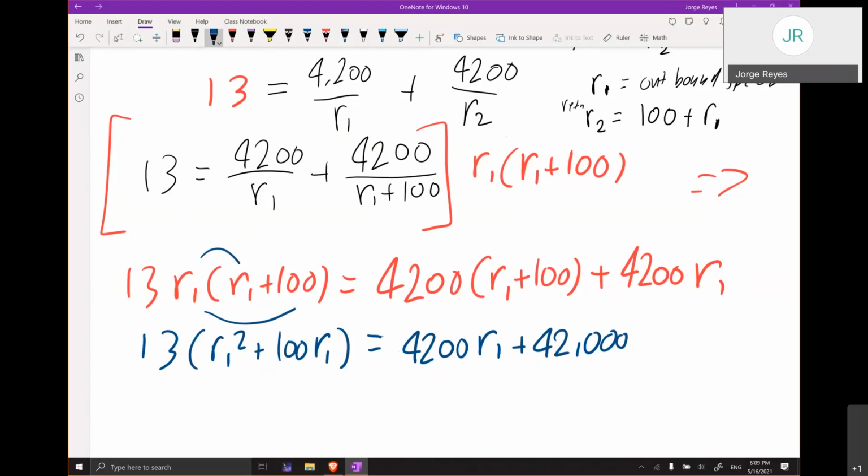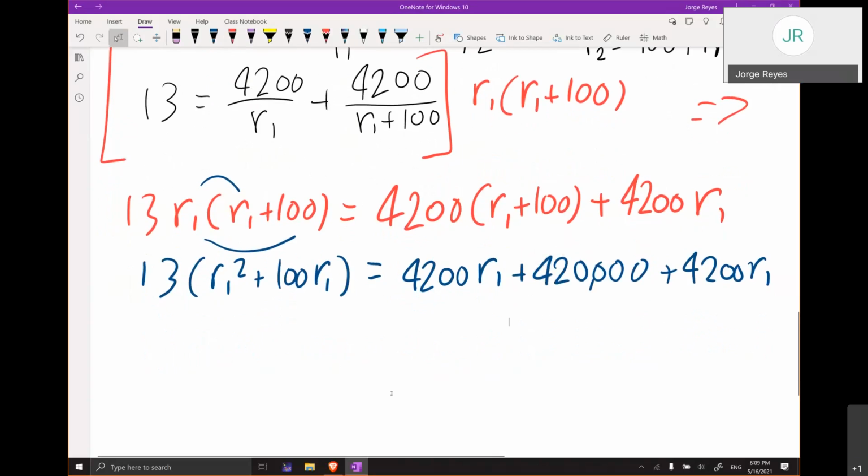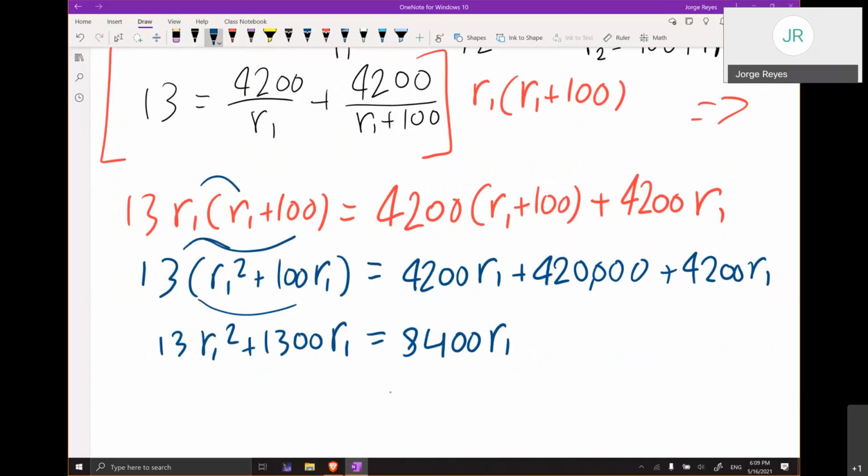No, I add two zeros. What's wrong with me? 420,000, plus 4,200 R1. Distribute some more. So 13 R1 squared plus 1,300 R1 equals 8,400 R1 plus 420,000.